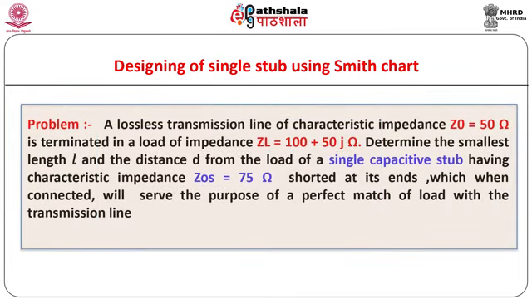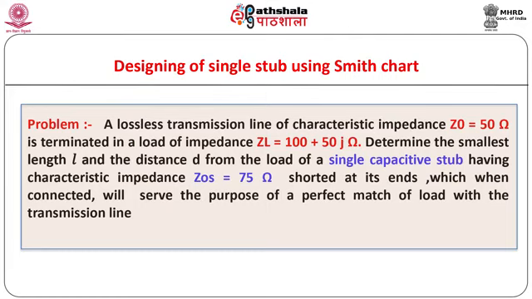Here we have a lossless transmission line of characteristic impedance 50 ohm terminated in a load impedance of 100 plus j50 ohm. We have to determine the smallest length L and the distance D from the load of a single capacitive stub matching having characteristic impedance Z0s equal to 75 ohm shorted at its end, which when connected will serve the purpose of a perfect match of load with the transmission line.